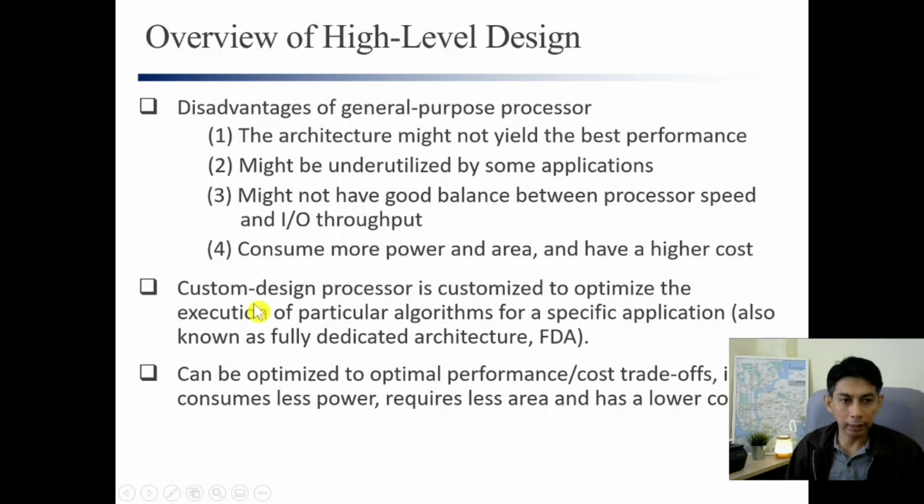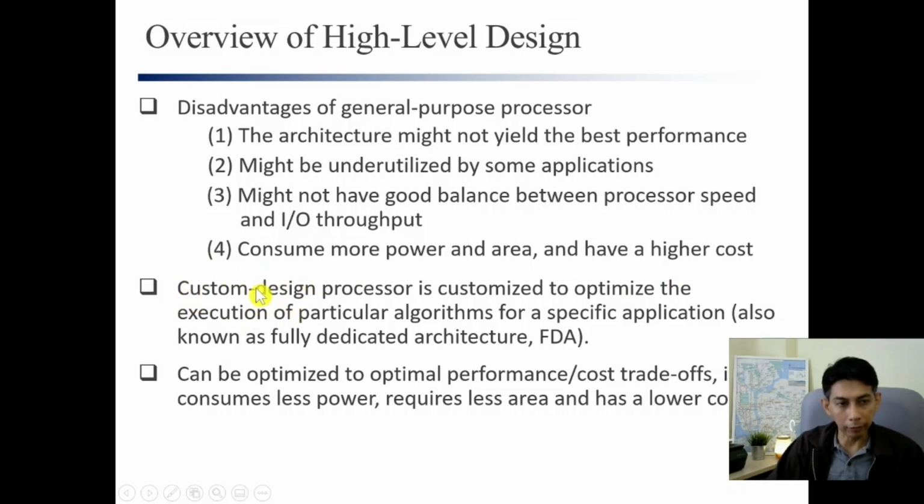Right. The processor is designed just to do a very specific purpose for a very specific application. For example, image processing, digital signal processing, digital filter, for example, right? So we will design that.